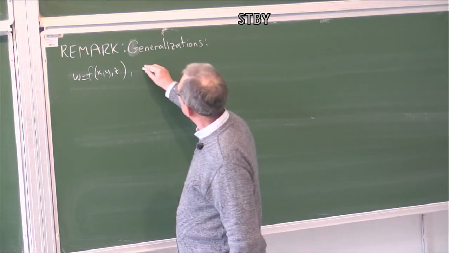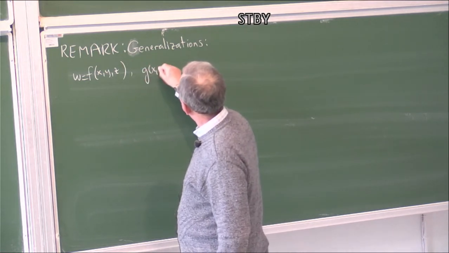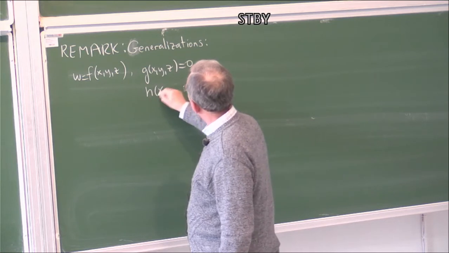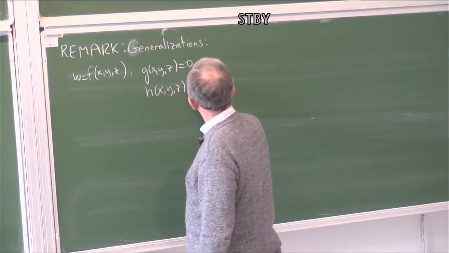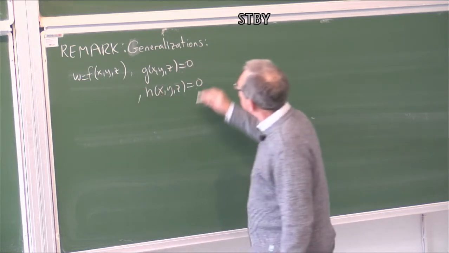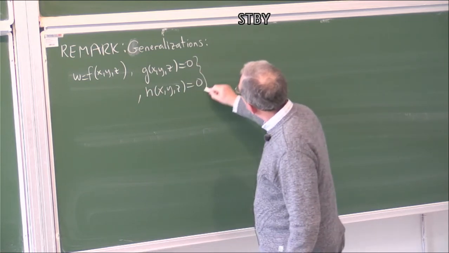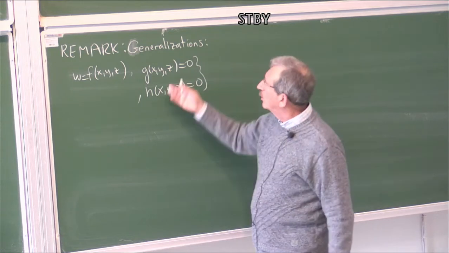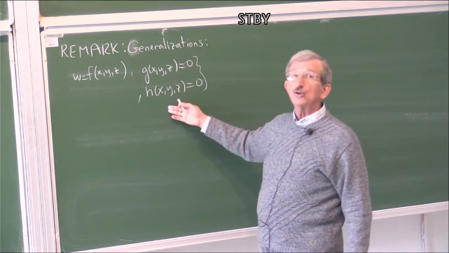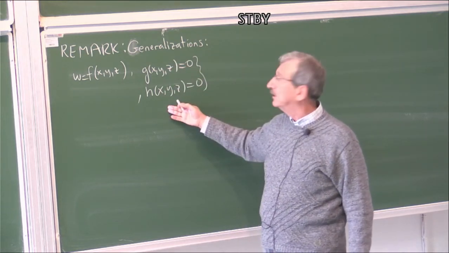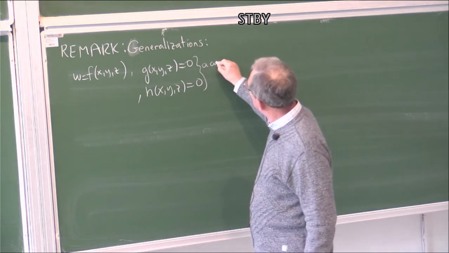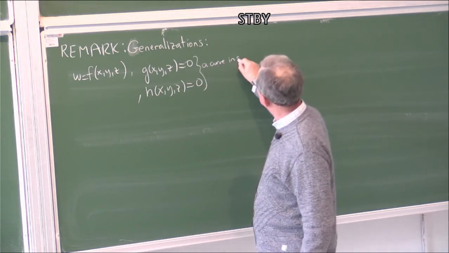Namely, g of x, y, z is 0, and h of x, y, z is 0. Remember, these two equations tell us that we are talking about the intersection of these two surfaces. So this is a curve in space.